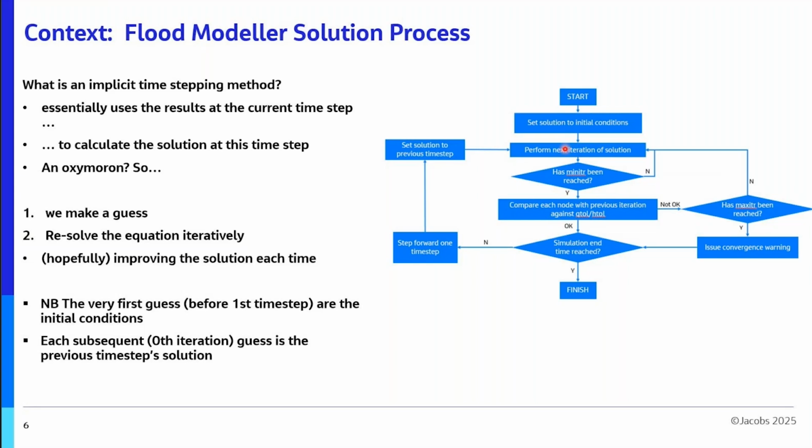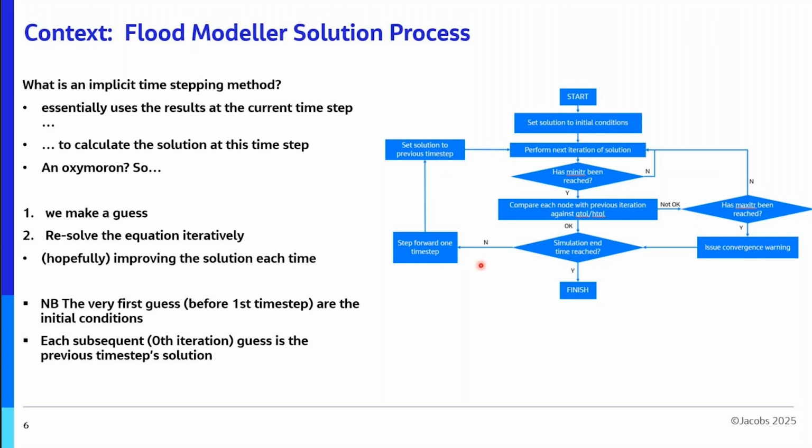Of note, the very first guess before the first time step is the initial condition that, as we all know, is in the dat file or the init files that Flood Modeler requires before the start of any solution. And then each subsequent zeroth iteration guess is, as I said before, the previous time step solution.